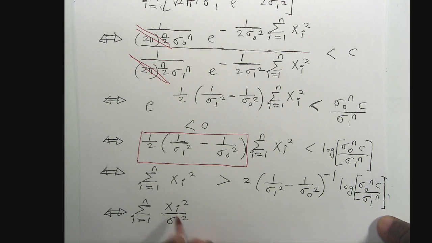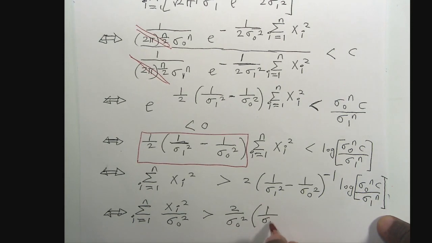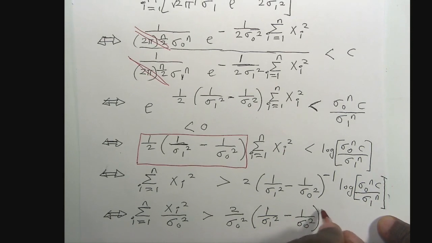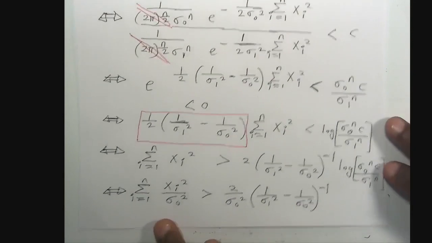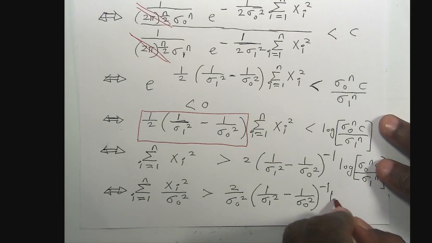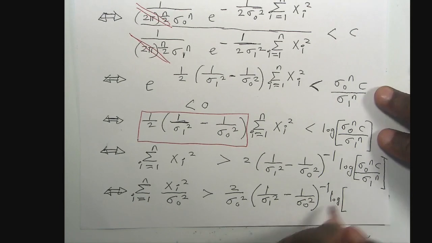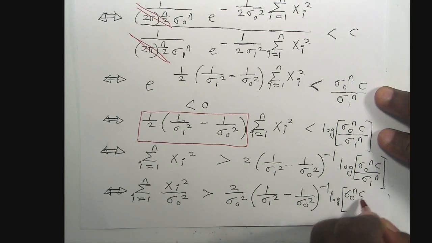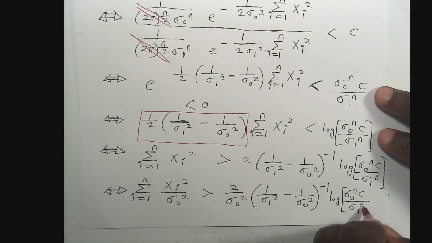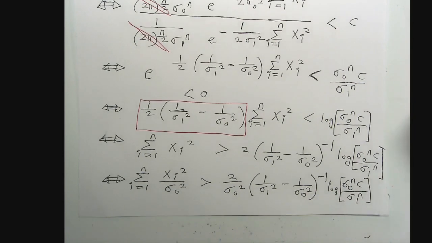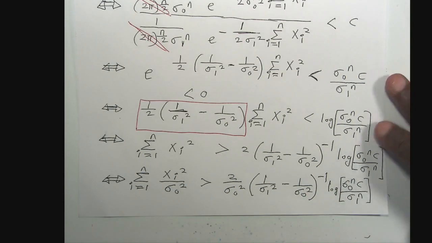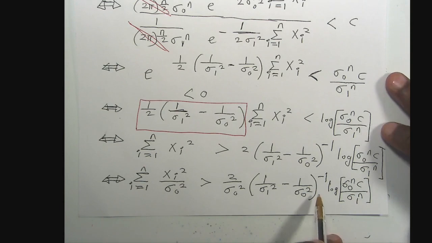So I'm dividing by sigma 0 squared, so it becomes this times log of this.